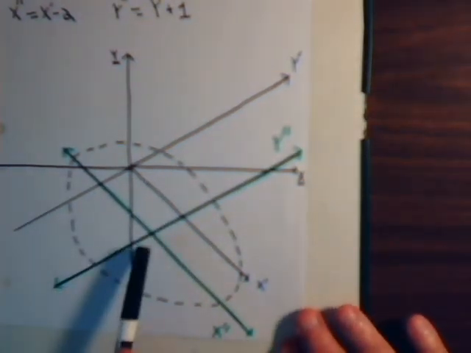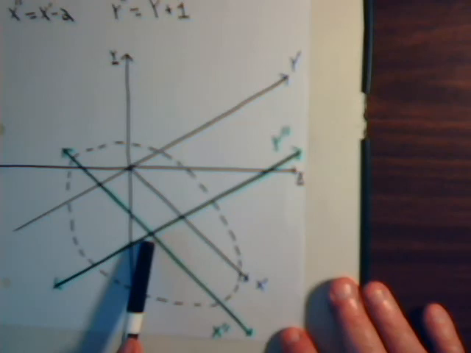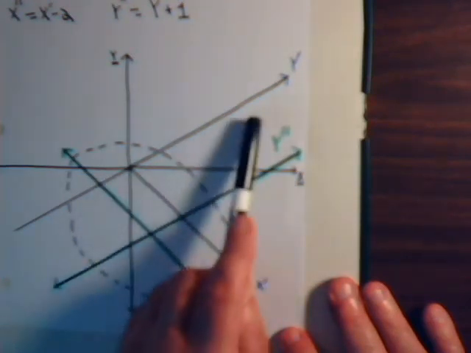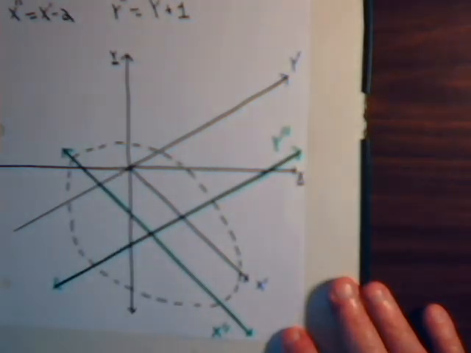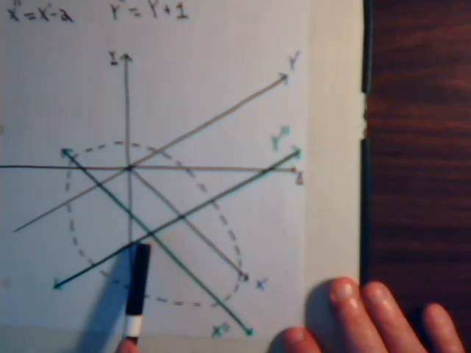So here then is the new origin. What happened is that first the x y axis was rotated, but the origin was still there. Now it's been translated so that the origin is here.